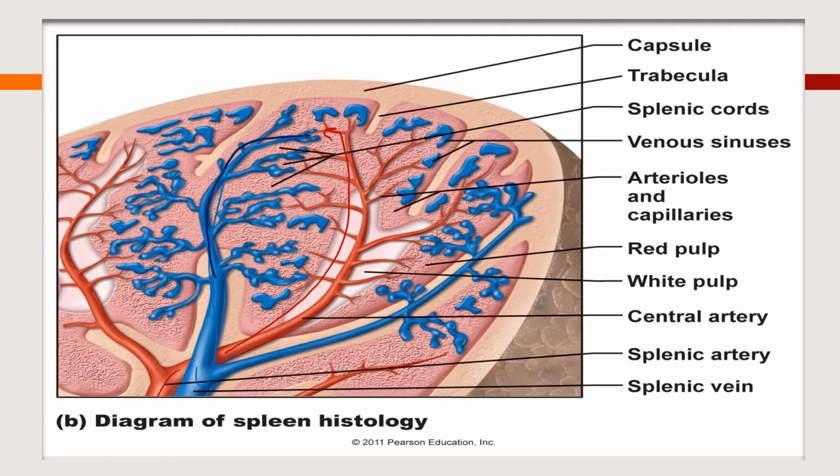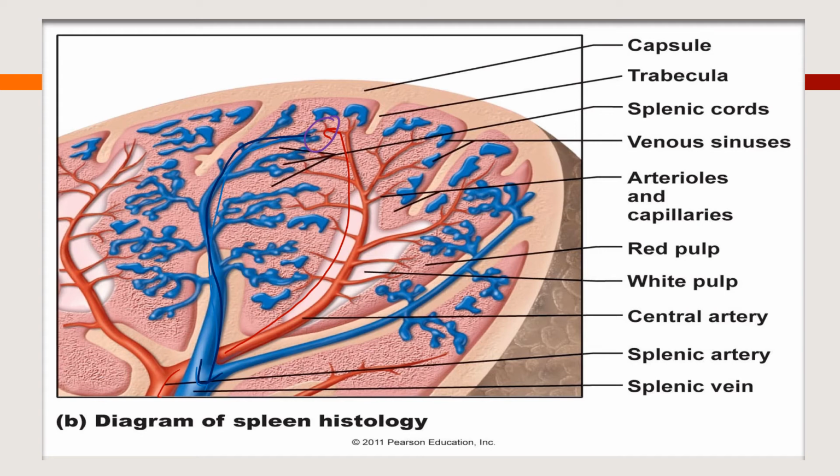Okay, and in this area in between, we have a zone of what's called red pulp. Okay, and the red pulp is basically red blood cells that have spilled out and are busy being examined by macrophages before they make their way into the venules and venous sinuses and work their way back to the circulatory system.